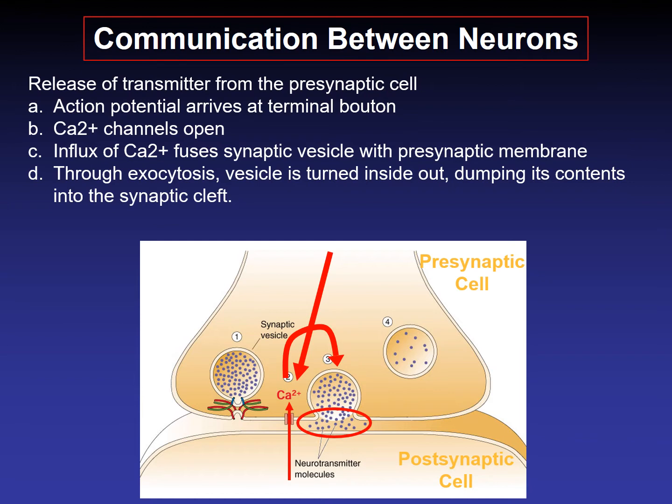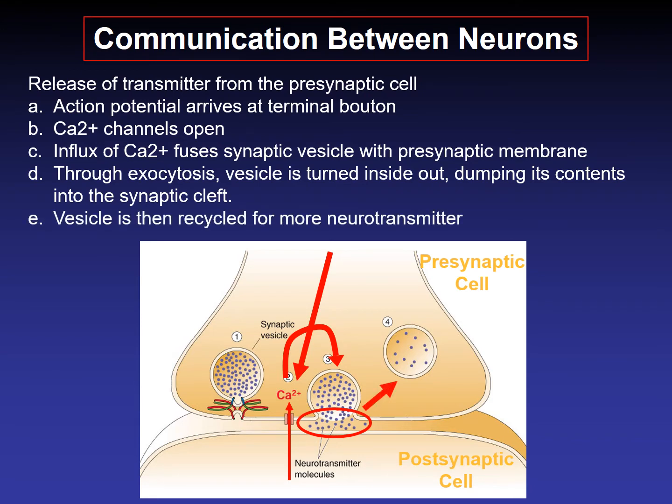Now, through the process of exocytosis, which is also brought on by the influx of this calcium, the vesicle is going to be turned inside out, dumping its contents into the synaptic cleft. So again, we have a vesicle full of neurotransmitter floating around in the synaptic terminal. When calcium comes into the presynaptic terminal, thanks to the arrival of the action potential, the vesicles will bind or fuse to the cell membrane, and then they will turn themselves inside out so that the neurotransmitter that was inside of them goes suddenly from being inside the terminal bouton to outside into the synaptic cleft.